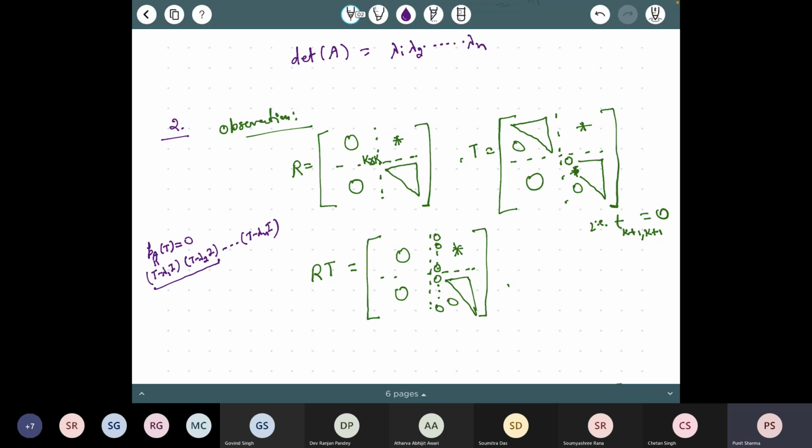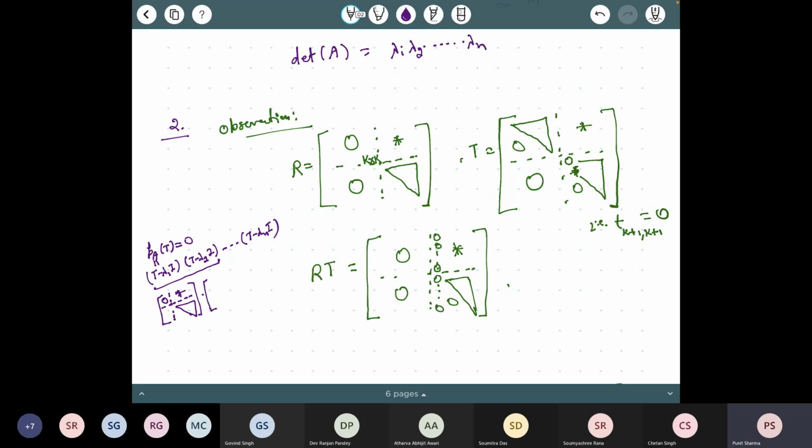So what is T minus lambda 1I? T is upper triangular, so T minus lambda 1I has this form. The first column would be 0, then there would be something in the first row, and then this matrix in the upper triangular form. This is my T minus lambda 1I. Then what would be T minus lambda 2I?